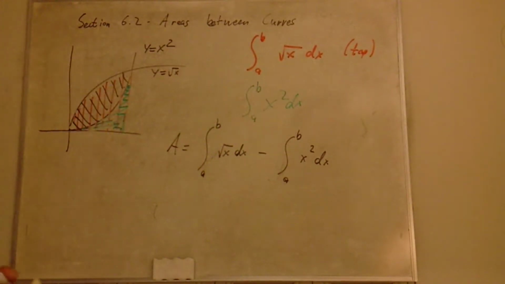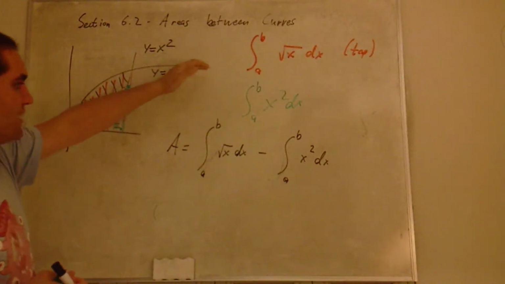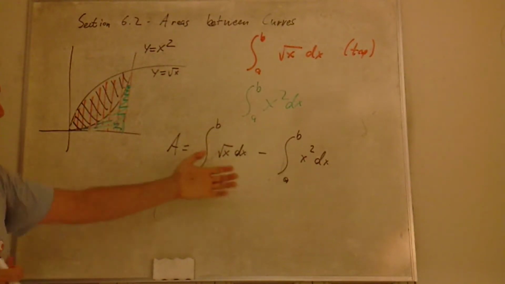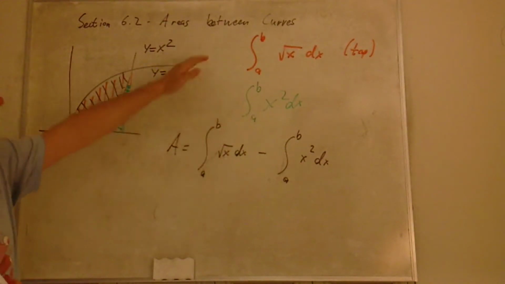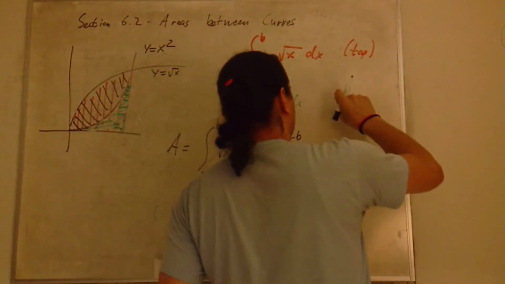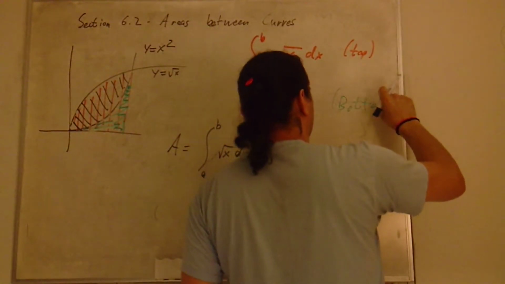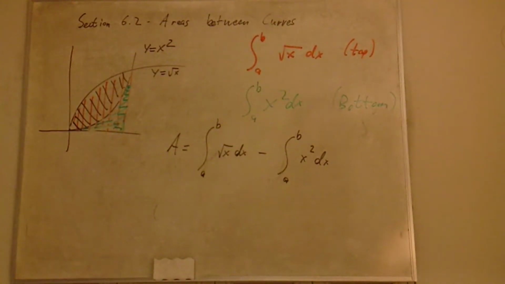So this is the general theory of what's happening in this section. Generally speaking, you can always find the area between two curves by subtracting the areas beneath each of them. You figure out which one is on top, you calculate that area. You figure out which one is on bottom, you calculate that area. You subtract those two areas and you get the area in between the curves.